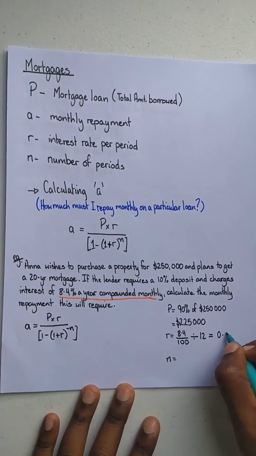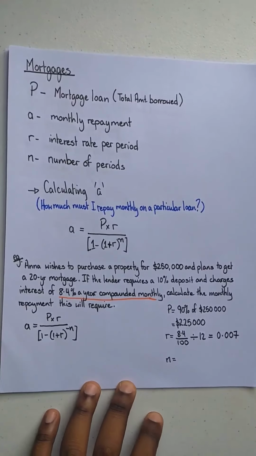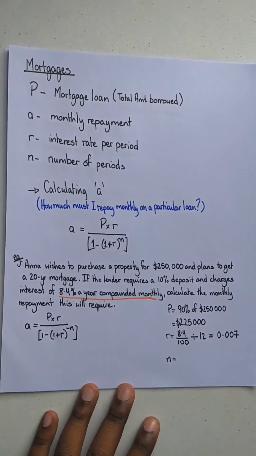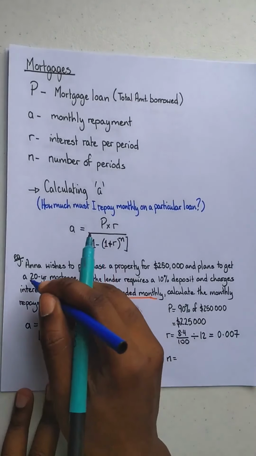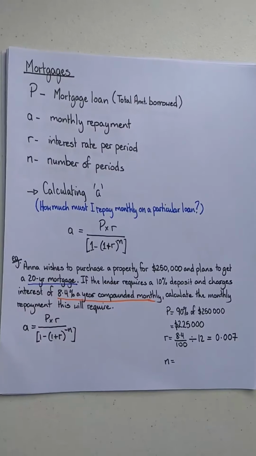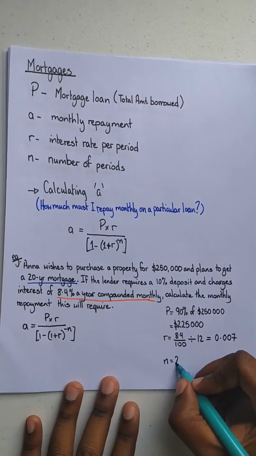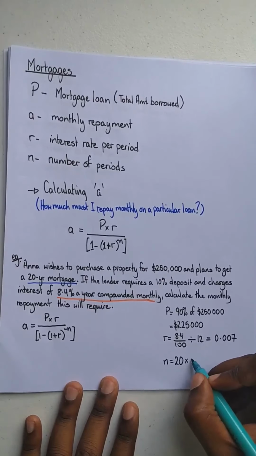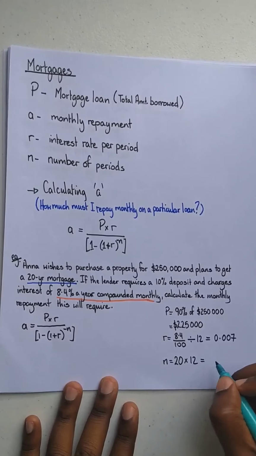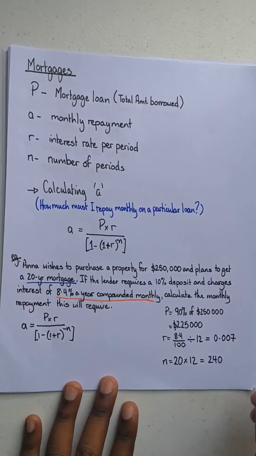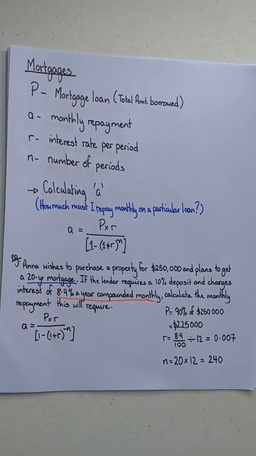That's going to give us 0.007. And then the number of periods, it is a 20-year mortgage. Therefore, 20 years, 12 periods each year, 12 months, is 240 periods in total.